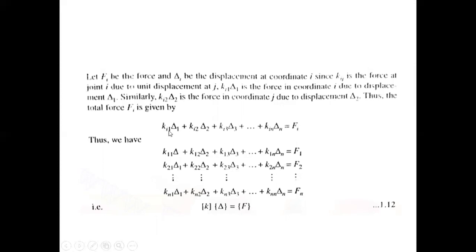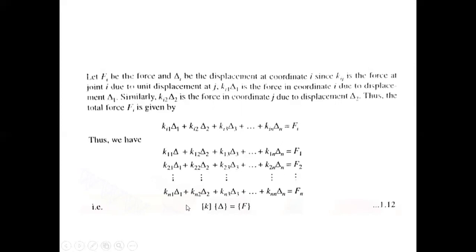So k1i multiplied by delta 1, and all such will be given as f1. This is f2, this is fn, and we will make this a set and put it into a matrix. Then the matrix K multiplied by matrix delta will be equal to matrix F, that is the force matrix. And this is the stiffness equation.